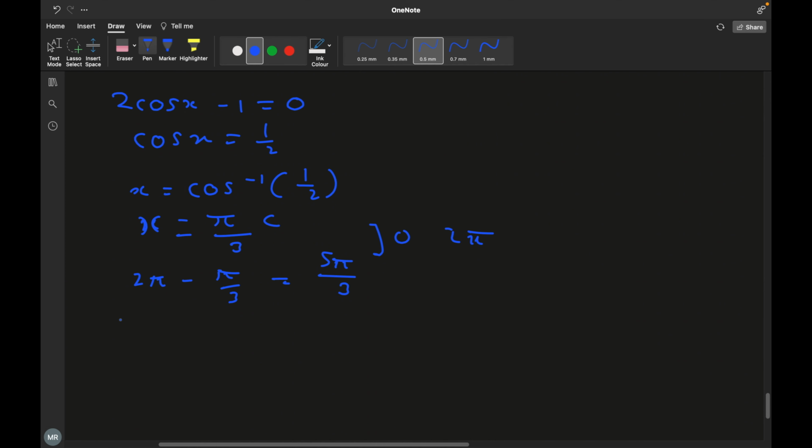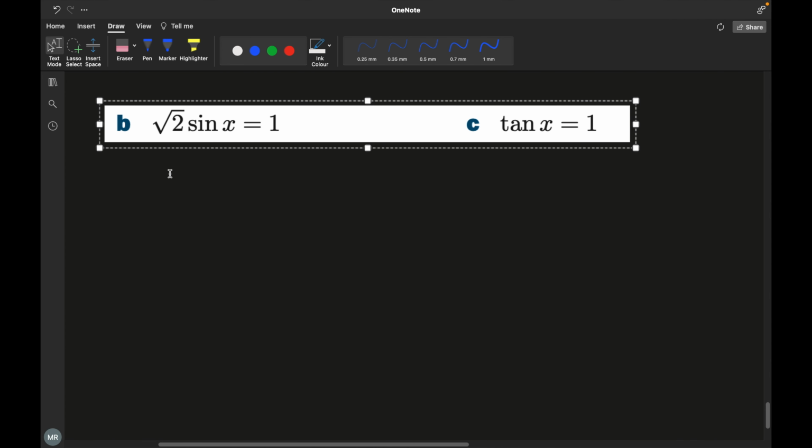So therefore, our third value would be pi by 3 plus 2 pi, which is, let me see, 7 pi by 3. And our fourth value would be this, which is 11 pi by 3. This is our answer. Let's solve the next two questions.